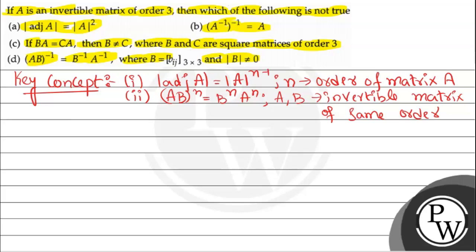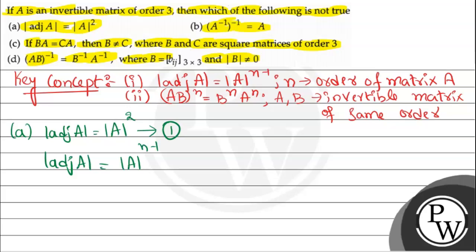Starting from option A, the determinant of adjoint of A is equal to determinant of A square. Since from the question A is an invertible matrix of order 3, let us take this as equation number 1. We know that determinant of adjoint of A is nothing but determinant of A to the power of n minus 1. Let us take this as equation number 2.